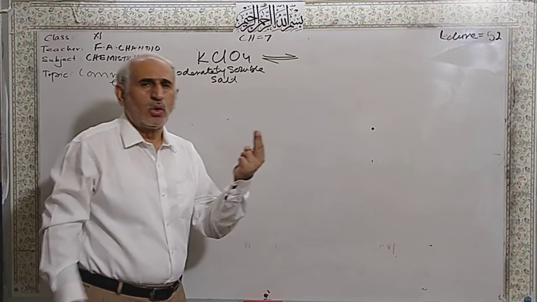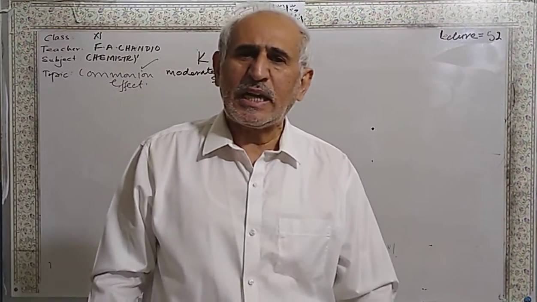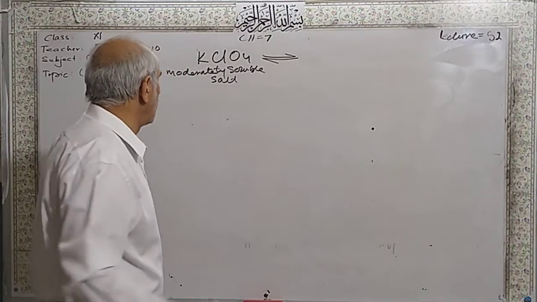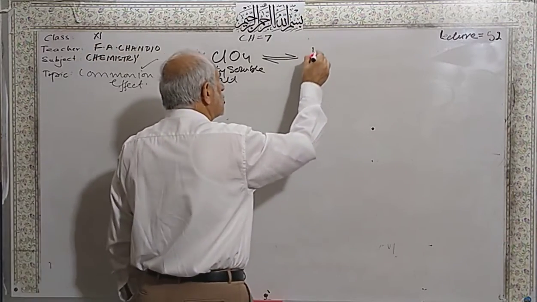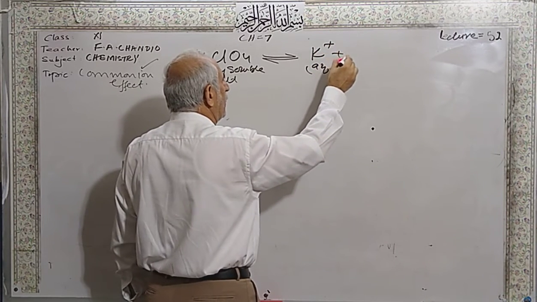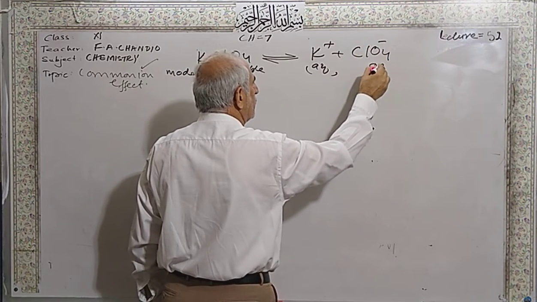I told you two terms may be used by the examiner. Weak electrolytes are less soluble or moderately soluble. Potassium perchlorate gives fewer potassium ions and perchlorate ions.